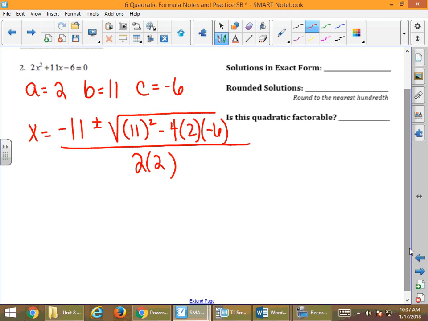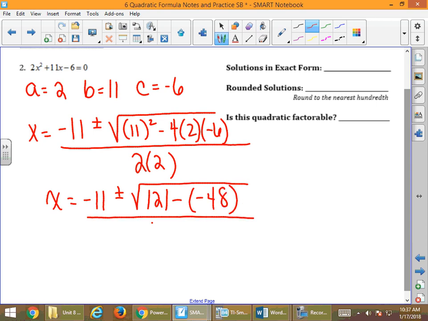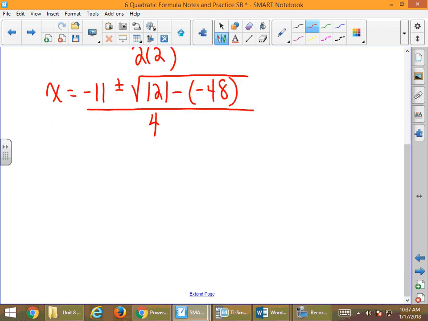It's not so critical here, but we get -11 plus or minus, when we type it in, 121 minus 4 times 2 is 8 times -6 is -48, all divided by 4. If we simplify that a little bit more, we have -11 plus or minus, well, minus a negative gives us plus a positive, and 121 plus 48 is 169, divided by 4.